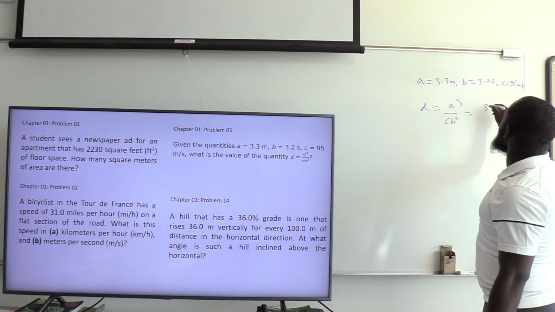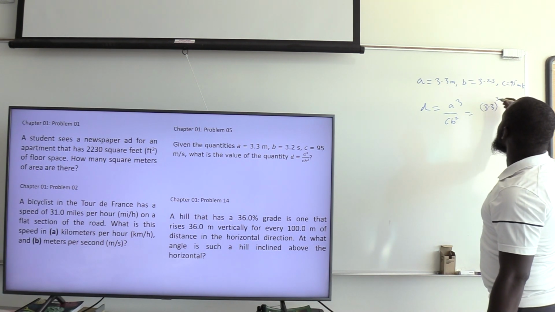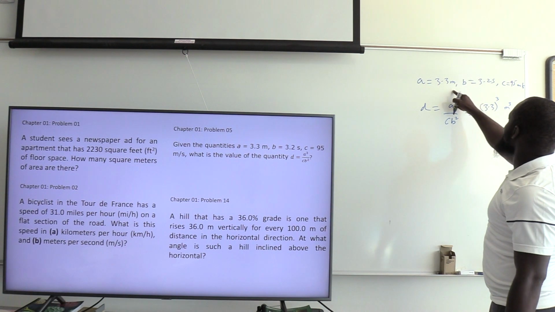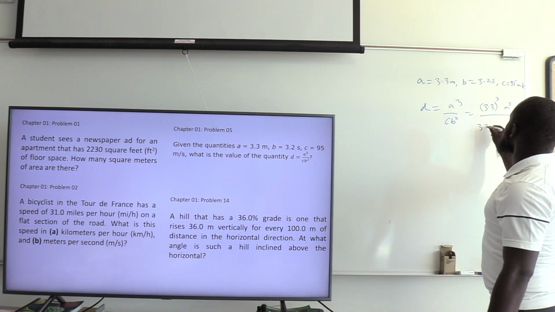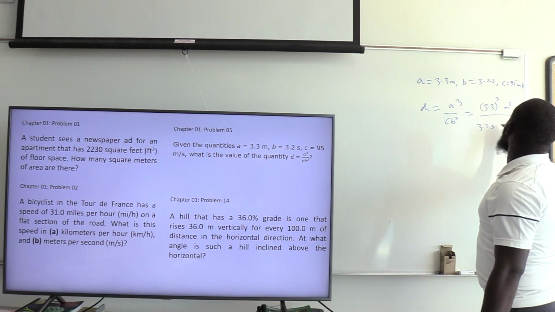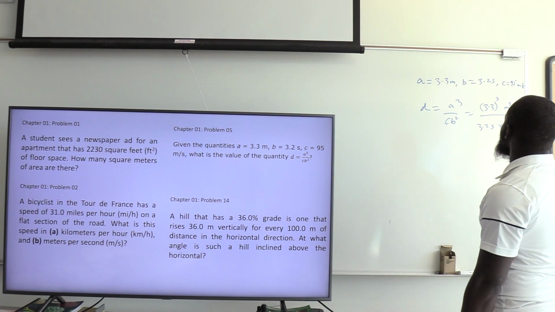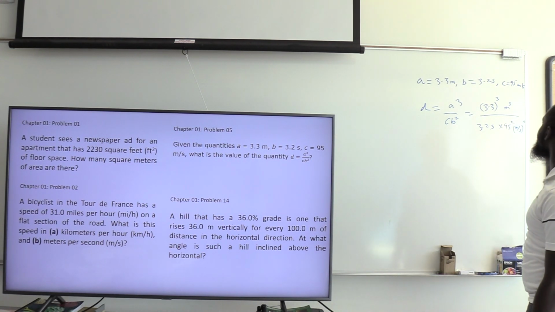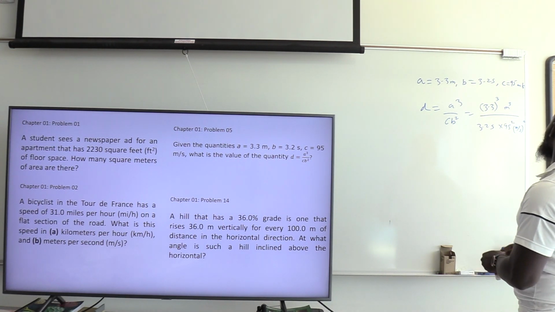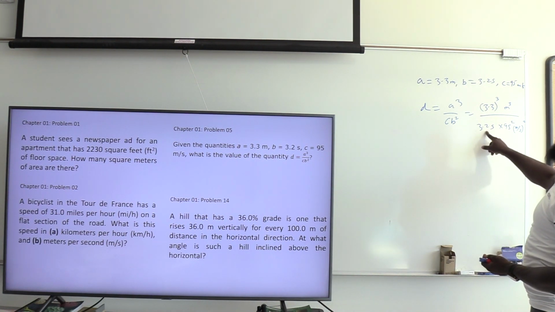So that will give us 3.3 cubed, cubing also the unit, over C, 3.2 seconds times 95 squared meters per second also squared, so that we can tell the units. Because we're going to tell what the unit is. So I have 3.3 cubed divided by 3.2.